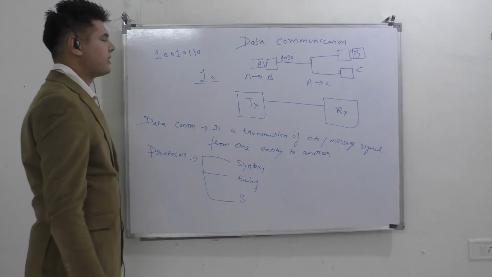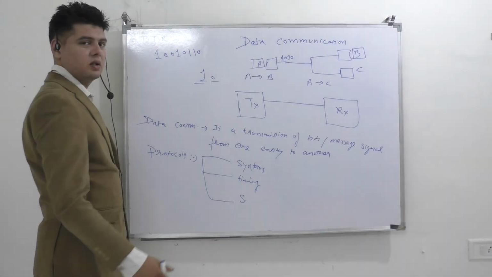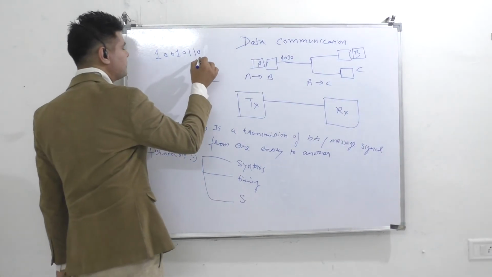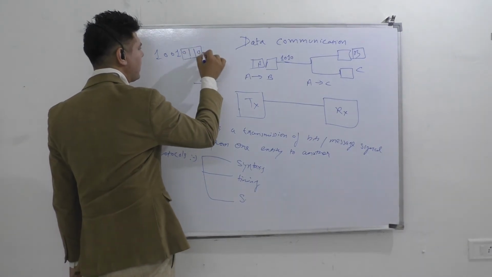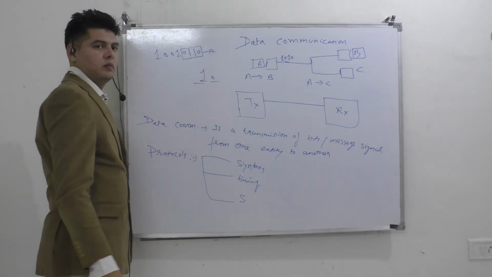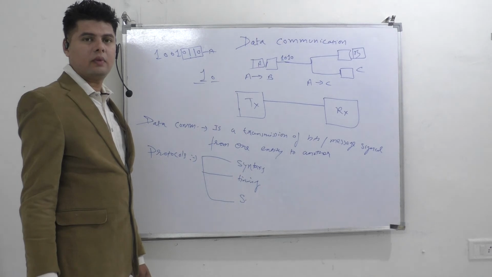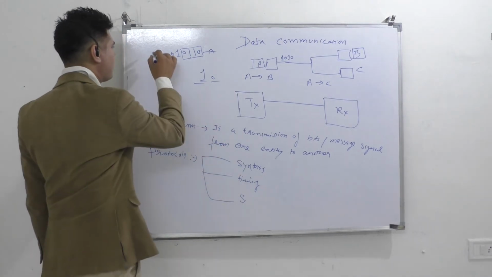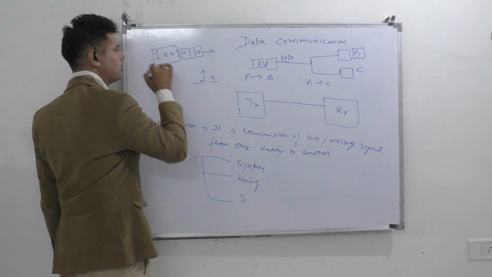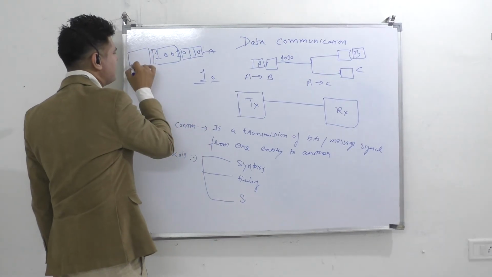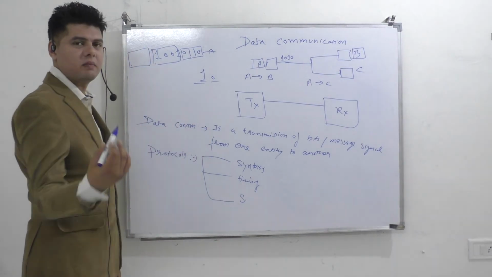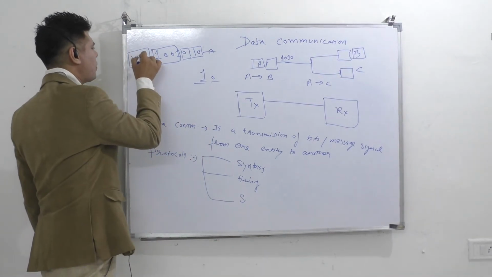This is the master signal of 8 bits. So the initial first 4 bits 1 2 3 4 are the address of A, and the next 4 bits are the address of B. Now the remaining bits are the message signal, it may be 1001, maybe.